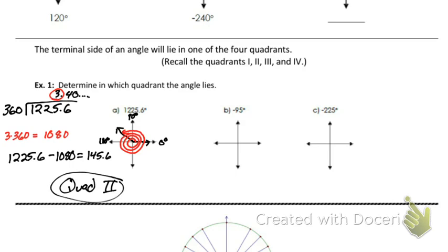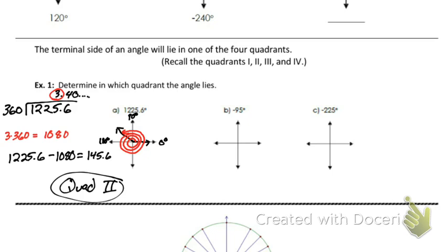So Chris, we are either trying to add or subtract 360 until we're somewhere between 0 and 360. Because if we look here, I have negative 95. We can either graph negative 95, or we can add 360 to it to see what the positive version of it is. Either way will work. We'll just go negative with it.